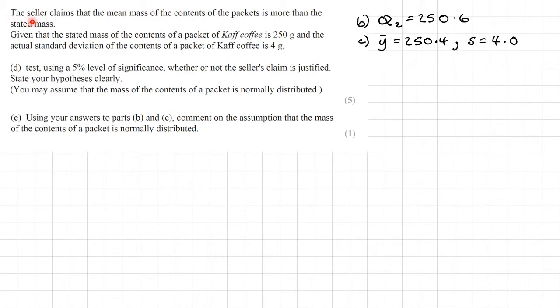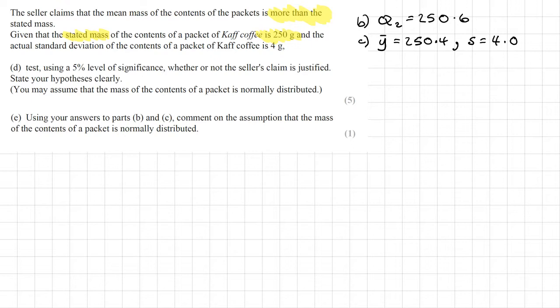Part C. The seller states that the mean mass of the contents of the packets is more than the stated mass. Okay, so let's just highlight that, more than the stated mass. Given that the stated mass of the contents of a packet of coffee is 250 grams, so that's the stated mass, and the actual standard deviation of the contents of a packet of coffee is 4 grams.